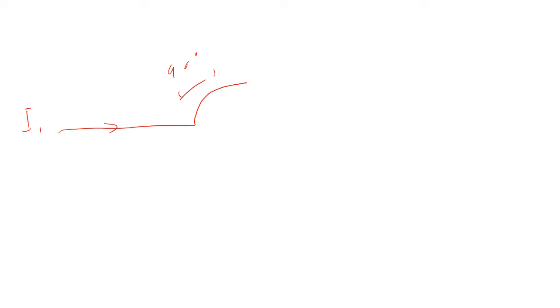And the radius of curvature of that arc, we'll call that R1. And then it goes straight inwards, curves back here, radius of curvature R2. Okay, so it's another 90-degree arc, and then it goes straight outwards like that.